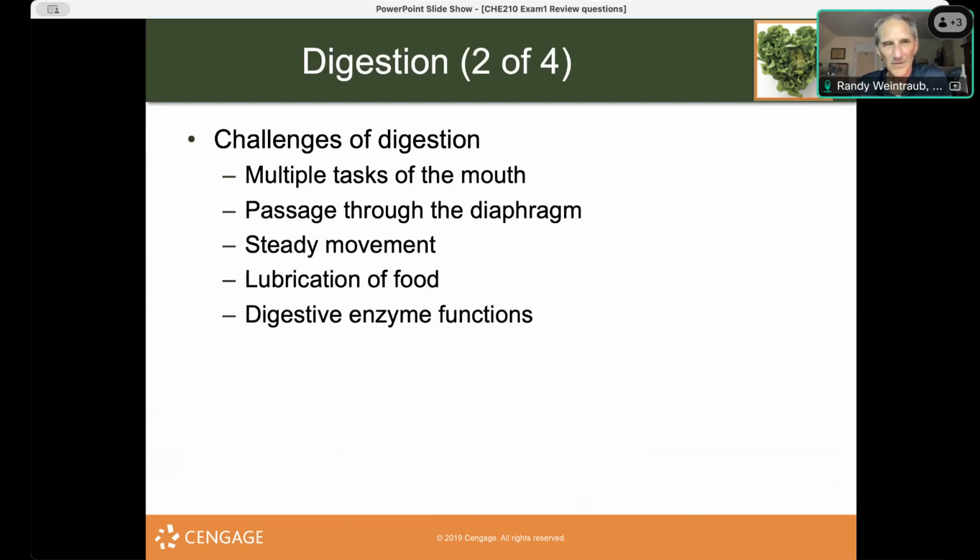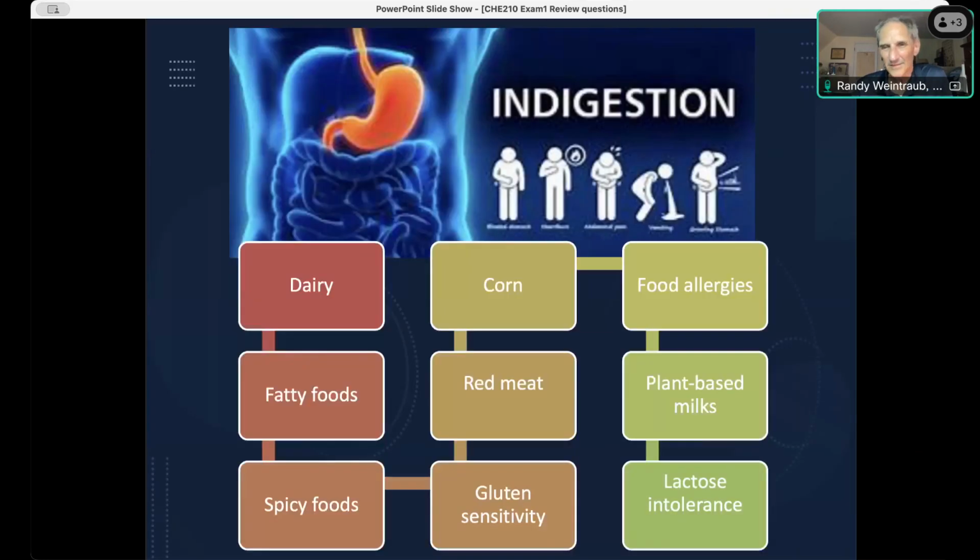So we've got a whole number of things there where things could not operate properly or to the fullest extent, and that could be indigestion. And some people have sensitivities to certain types of foods or ingredients in foods. A number of them are listed here.